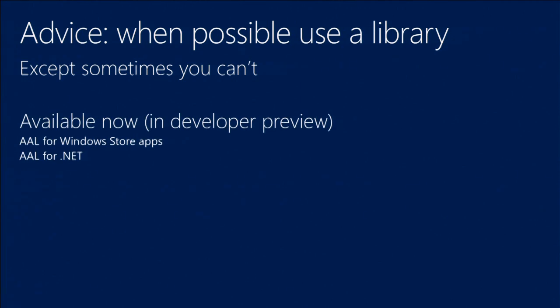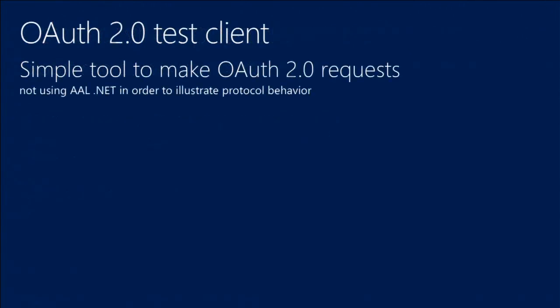And right now, the available libraries are limited just to the Windows Store applications and the AAL.NET. But more coming. We definitely view it as a high priority to target the more popular mobile platforms. I think it's probably pretty obvious what those ones would be and what we're working on right now. But until that time, it's good to know how things work under the covers.